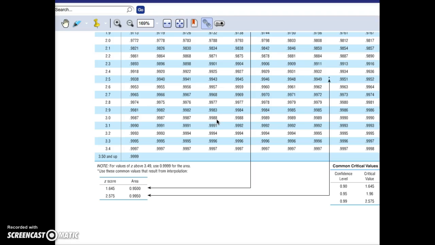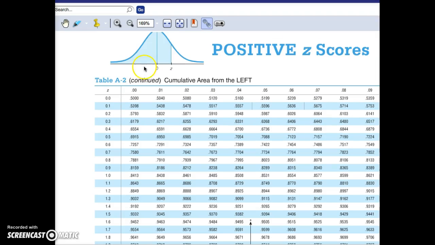This is the probability that Z is less than 3.04 right here. So if you were asked to find the probability that Z is less than 3.04, we would go down to 3.0 and then over, let me show you the top, over to the 0.04.